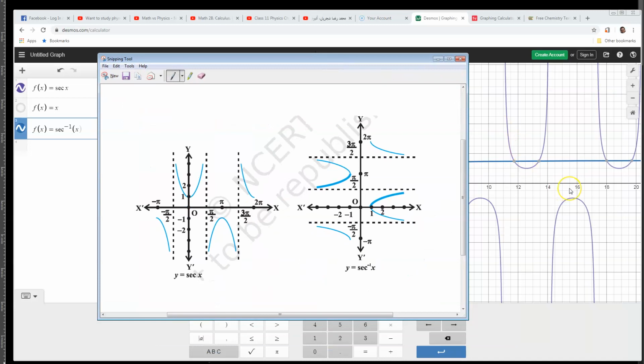If the calculator were to give you all of the branches, the inverse of all of the branches, then all of these branches, as you can see, would be rotated counterclockwise, probably by 90 degrees or so.